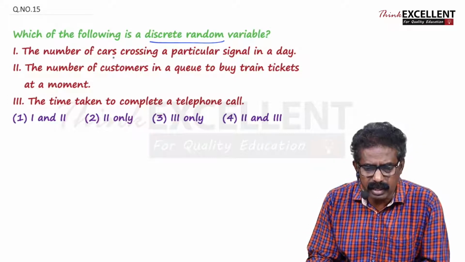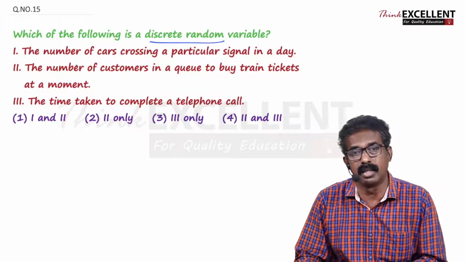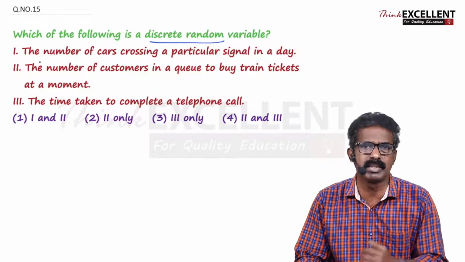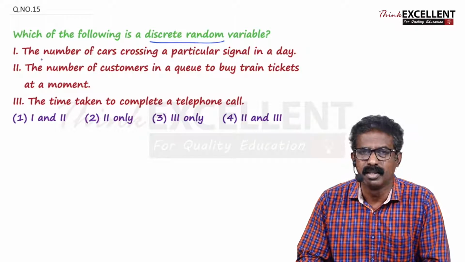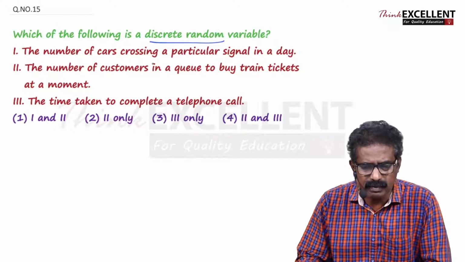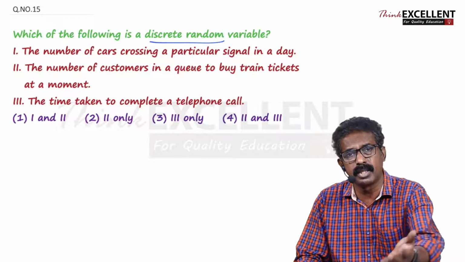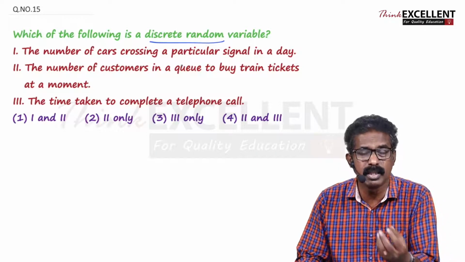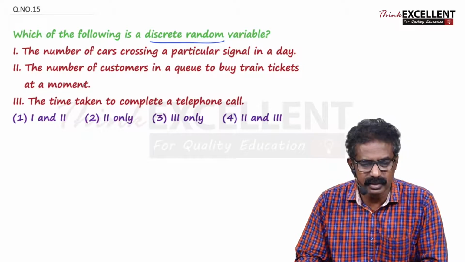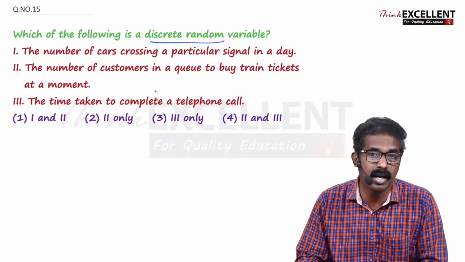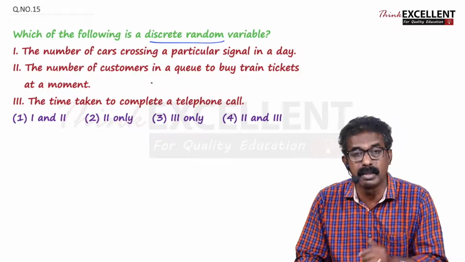The number of cars crossing a particular signal. How many cars cross the signal? You may say 5 cars or 7 cars. You won't say 2.315 cars, right? So it is discrete. Number of customers in a queue. How many people are there in a queue? You say 7 or 8, right? You won't say 7.2 and all. That is discrete. Time taken to complete a telephone call.